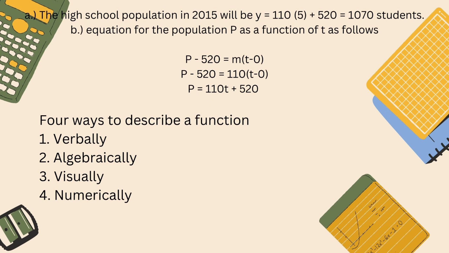Third is visual. In this way of representation, the function is shown using a continuous graph or scatter plot. The last one is numerical. A function is represented using a table of values or chart. This is basically a tabular way of representing a function.